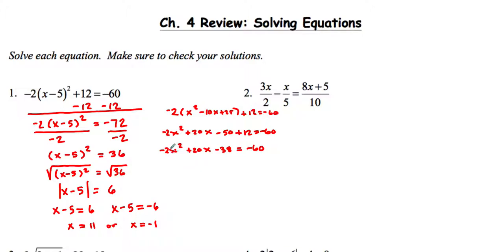I prefer to have positives here, so I could move everything over to the other side, or I could add 60 to each side and then basically multiply everything by a negative. That's what I'm going to do here, I think it's just going to be a little bit faster. So I'm going to add 60 to each side, so I'm setting it equal to 0. Again, it's quadratic, that's why we're doing that.